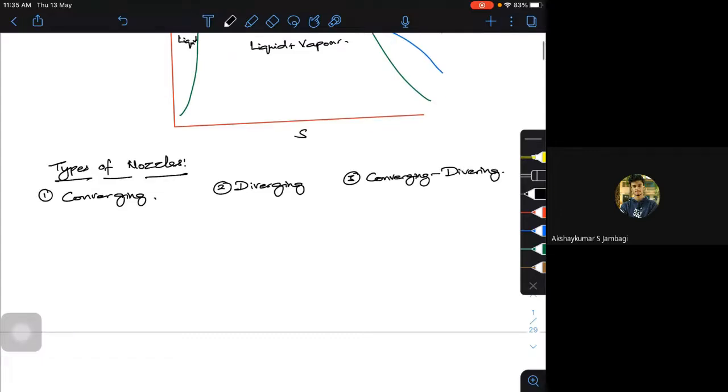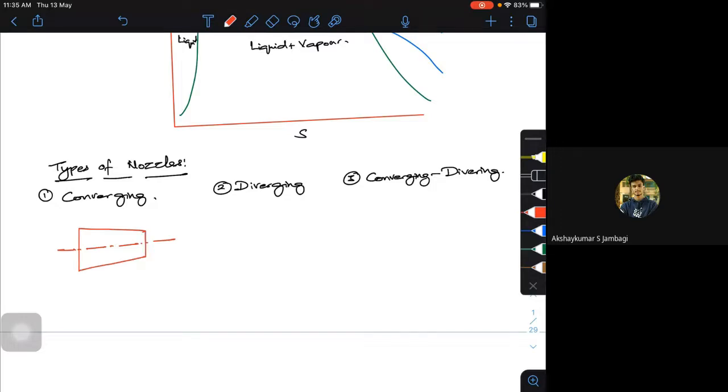Now, if I try to draw the cross section, how it is actually, if this is my axis, converging nozzle means it converges from a higher cross sectional diameter to a lower cross sectional diameter. So this is a converging nozzle.